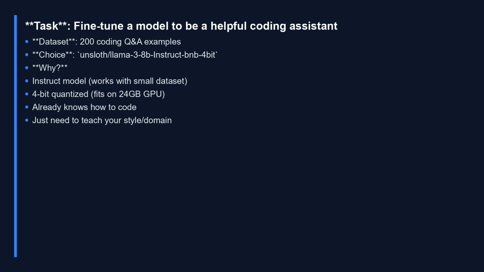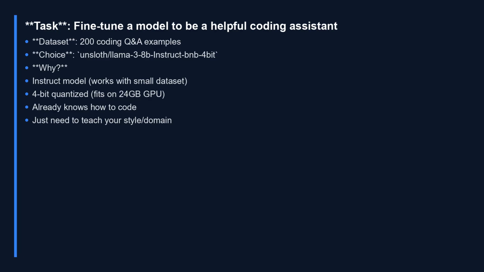Example model selection. Scenario 1. You want to fine-tune a coding assistant and you have 200 coding question and answer examples. The right choice is Unsloth Llama 3 8B Instruct BNB 4-bit. 200 examples is a small dataset, which rules out a base model.